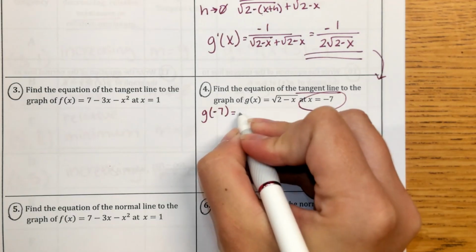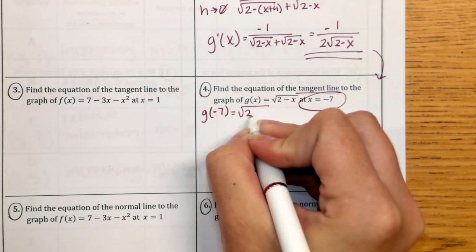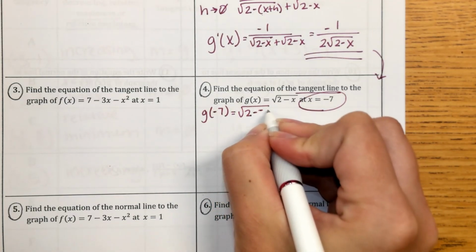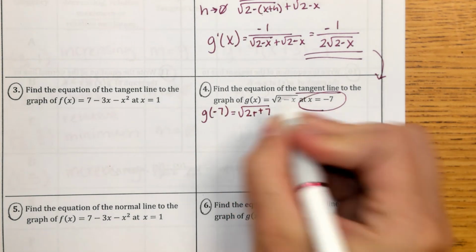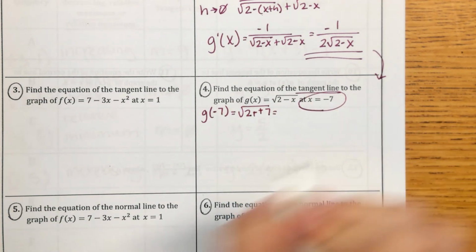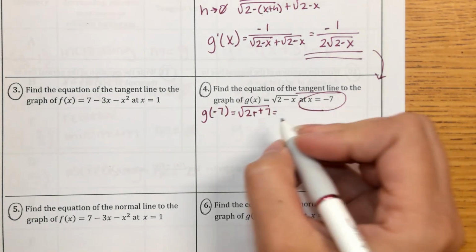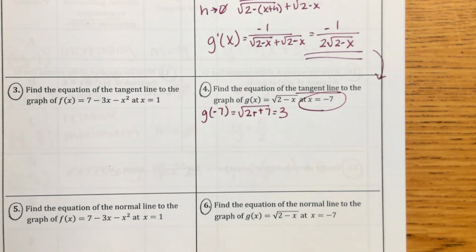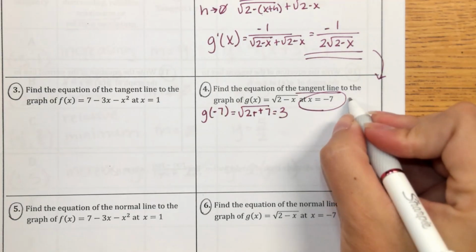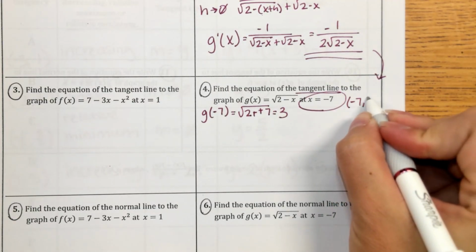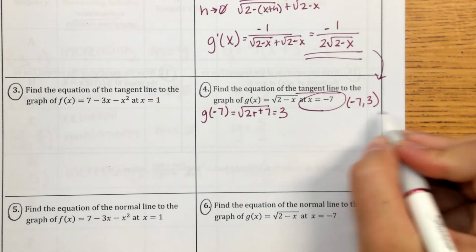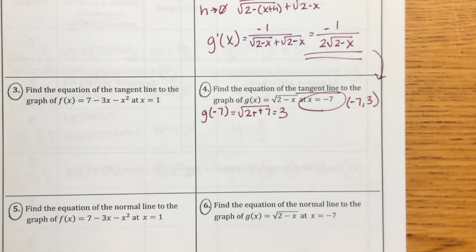So I have g of negative 7 is the square root of 2 minus negative 7, or 2 plus 7, which is the square root of 9. So g of negative 7 is 3. So now I have my value for my point, which is negative 7, 3. I'm going to save this for later when we go to write our equation.